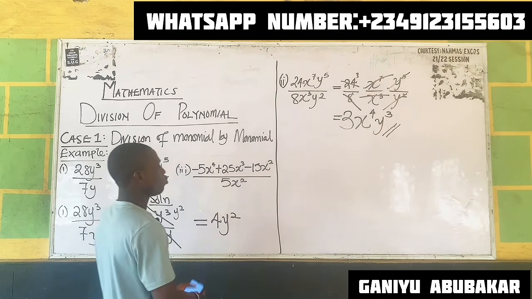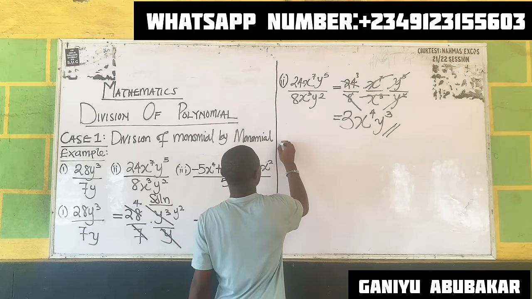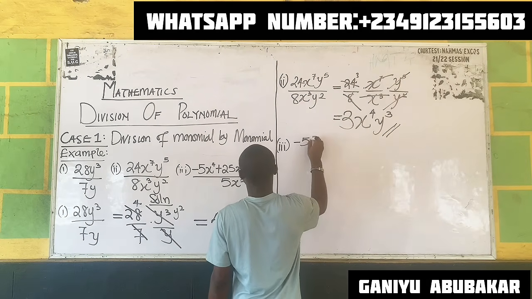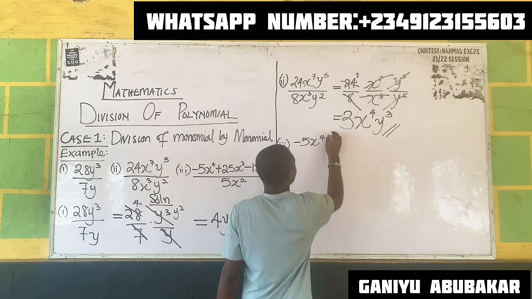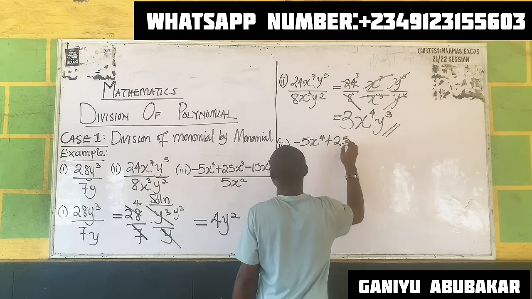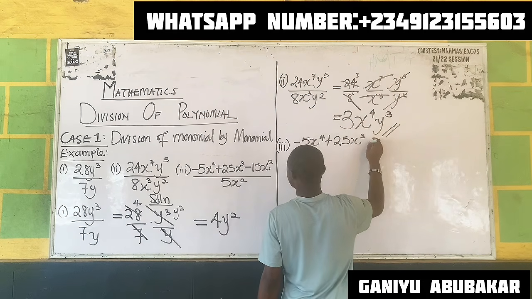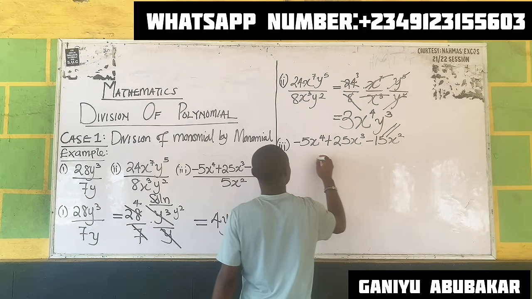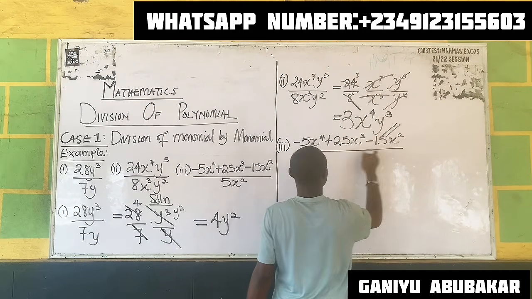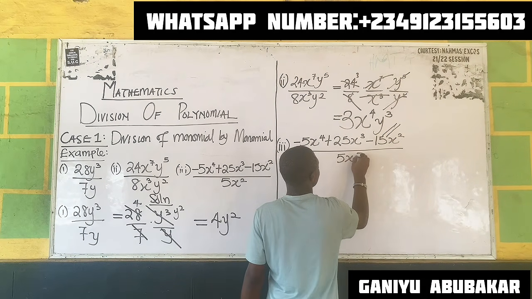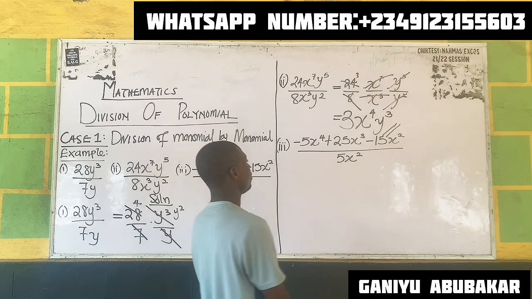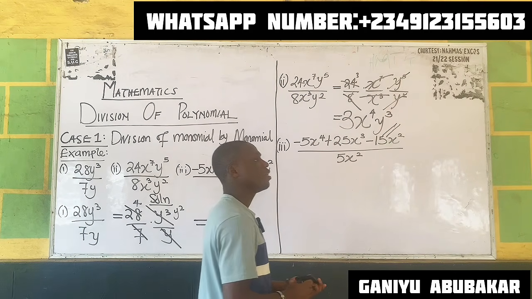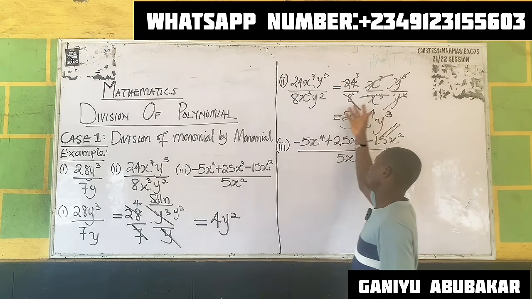Let's do number 3 and move on to case 2. For number 3 there: negative 5x to the power of 4 plus 25x cubed minus 15x squared, all over 5x squared. First things first, dividing this one is not as easy as the concept we used here.